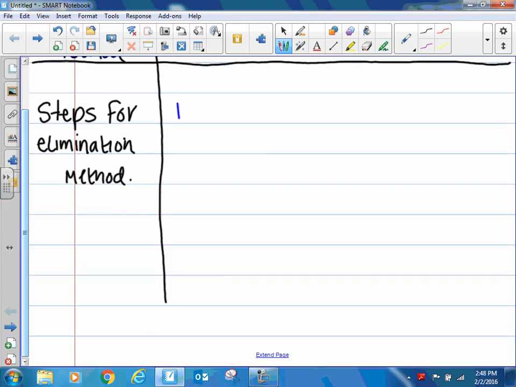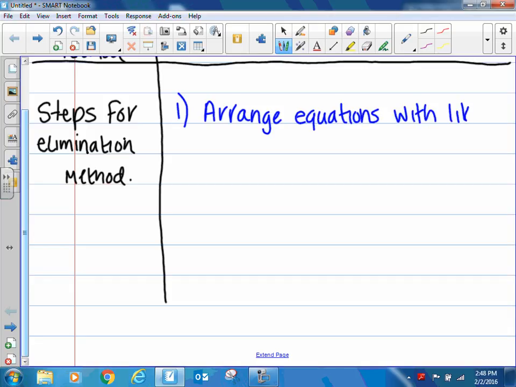The first step is to arrange the equations with like terms in columns. We want all of our like terms to line up in columns before we start to solve. We're going to do examples, so this will all make sense in just a few minutes.